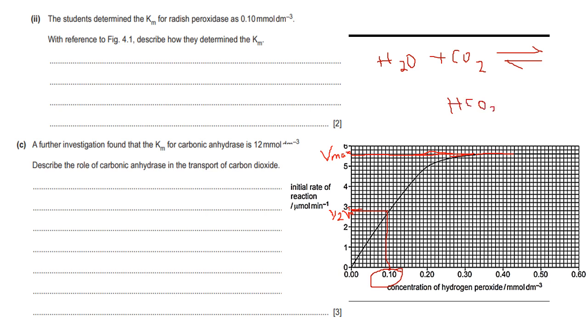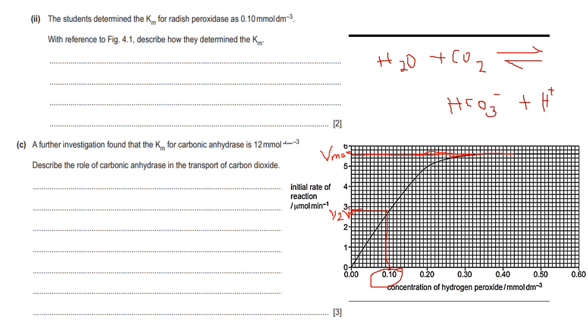I think we form that, and we also form some hydrogen ions right there. So it forms carbonic acid and hydrogen ions, and then you can say that the carbonic acid would diffuse into the plasma of the membrane, and you can also speak about how it helps to remove the large quantities of carbon dioxide from the body.